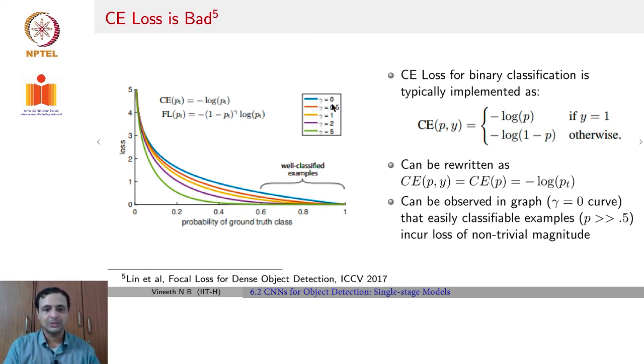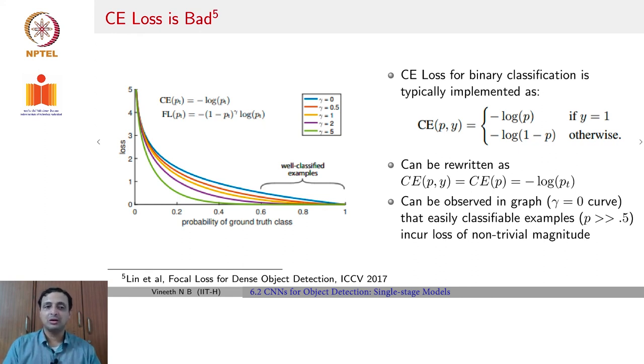So when gamma is equal to 0, blue is your standard cross entropy loss, and you can see here that even when the network predicts a high probability for the ground truth class, the loss value is fairly non-trivial. You get a fairly high loss even when the model is predicting a high probability for the correct class. And this can defeat the purpose of learning.